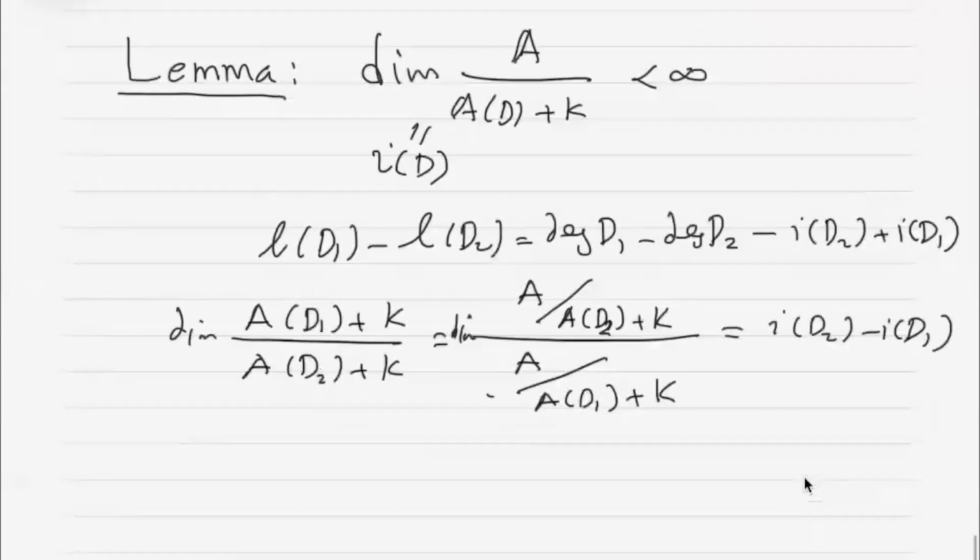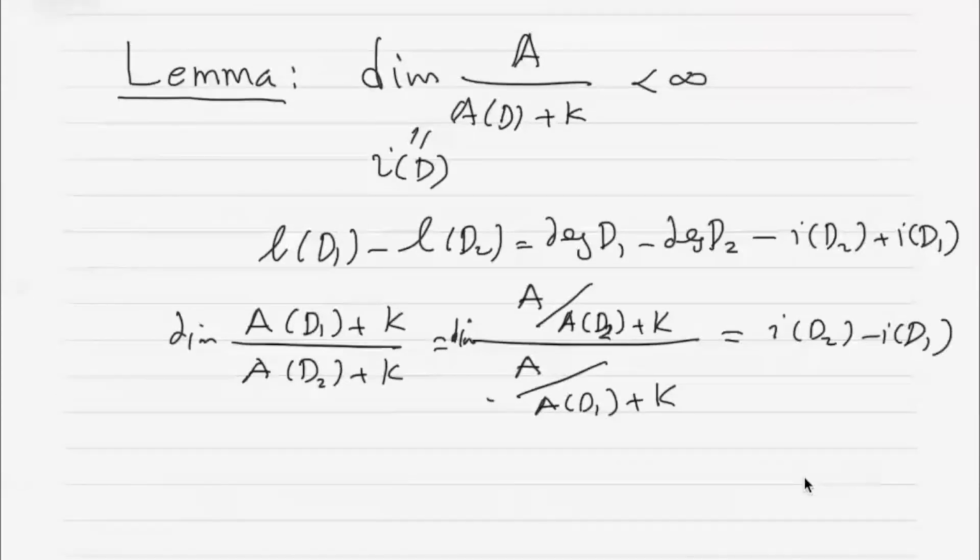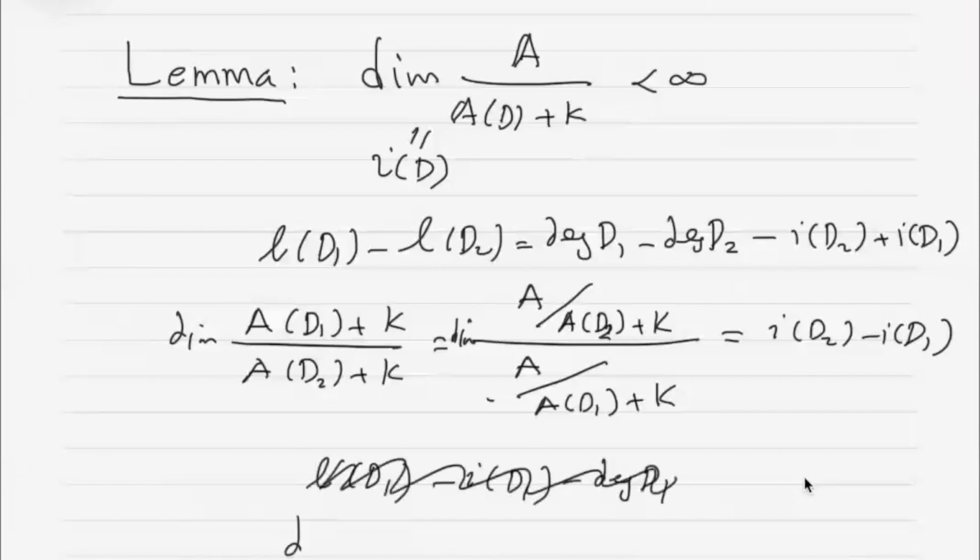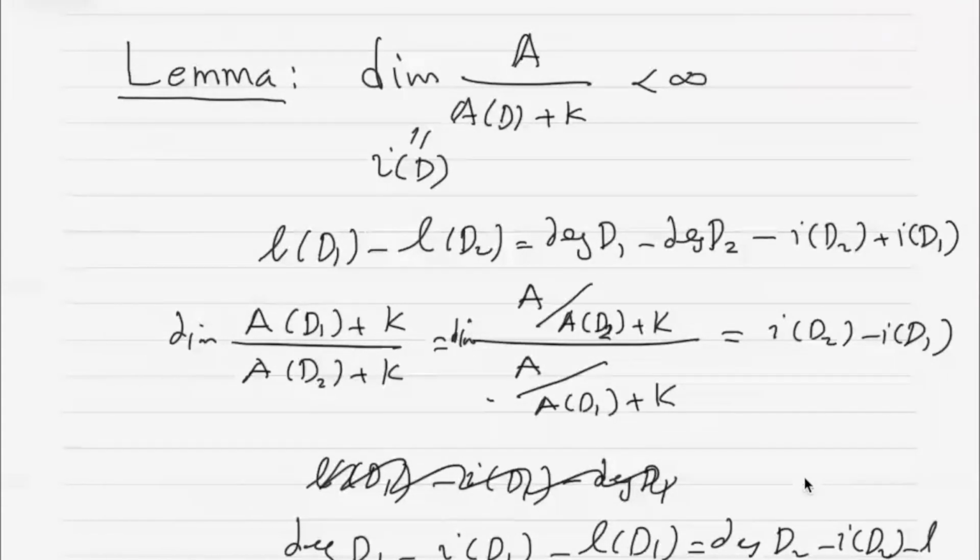So what we get is L of D1 minus I of D1 minus degree of D1. So it's better to write it this way. Degree of D1 minus I of D1 minus L of D1 is degree of D2 minus I of D2 minus L of D2.